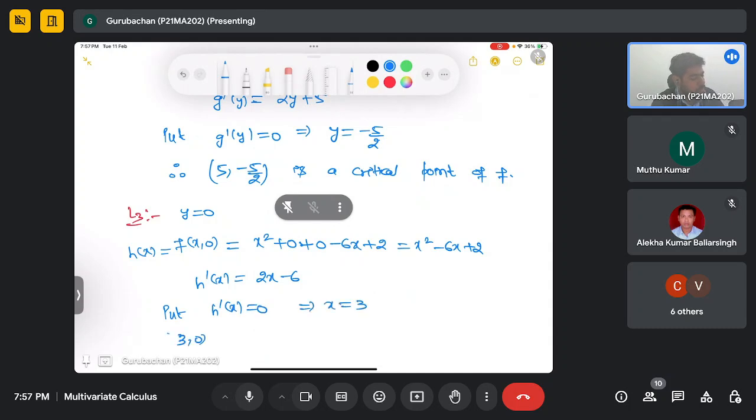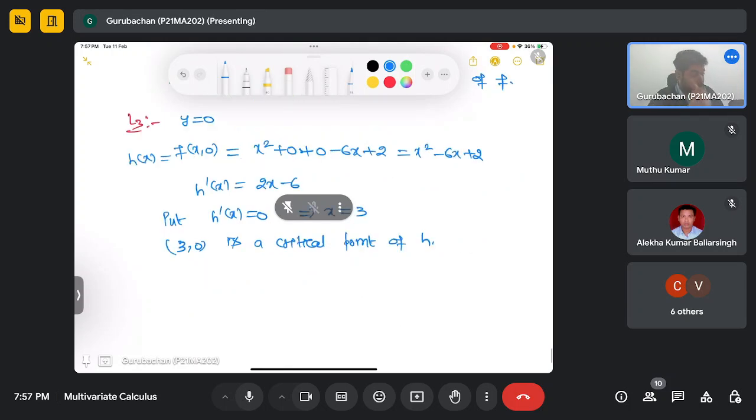Therefore, (3, 0) is a critical point of h. Now the last line is L4 and that corresponds to x equal to 0. So again f(0, y) will come out to be 0 plus 0 plus y square minus 0 plus 2.